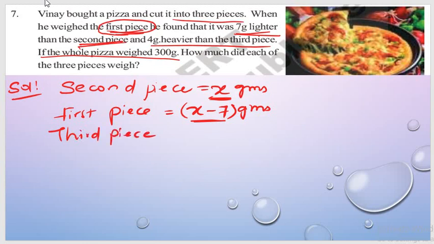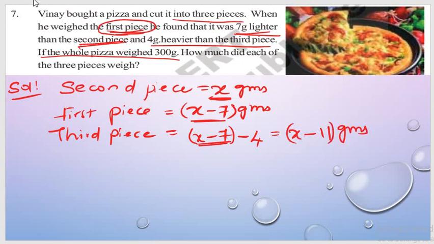So if the first piece is 4 grams heavier than the third piece, that means the third piece is 4 grams lesser than the first piece, right? So this is my first piece weight, and from that I subtract 4: x minus 7 minus 4, which gives you x minus 11 grams.